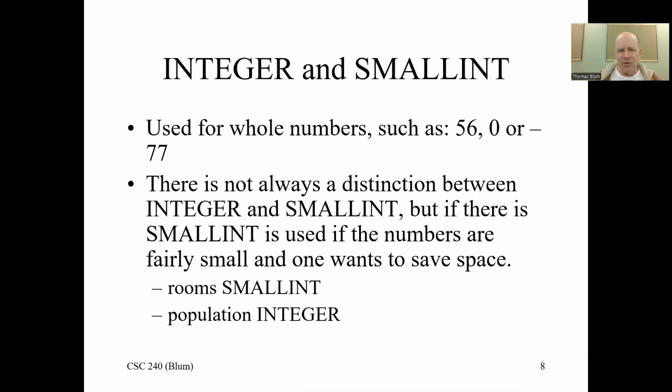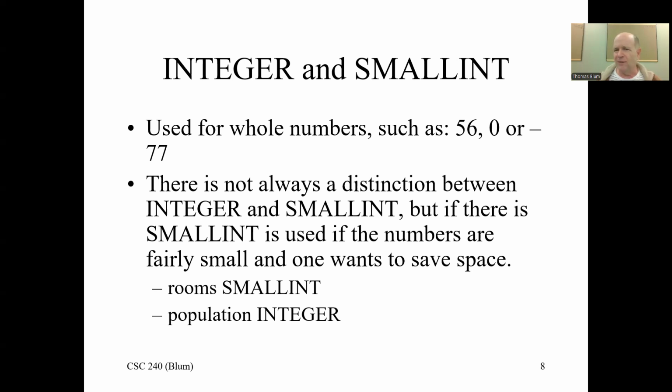Now we'll get over into the numbers. Integers are whole numbers. They can be positive or negative. Some systems will allow, just to save on space a bit, an integer that takes up less space than a normal integer, and that would be a small int. So if you had populations of states, that's going to be up in the millions, and so you need fairly big integers there.